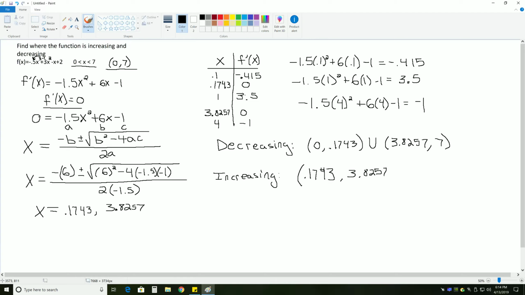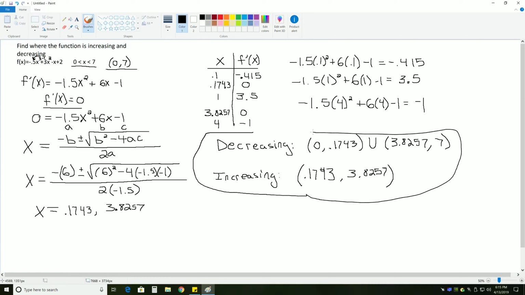This positive 3.5 represents all of the positive slope values that you would get if you plugged any number between these two values in. So on this entire interval, our original function was increasing. And this tells us all the values for which our original function f of x is increasing and decreasing.